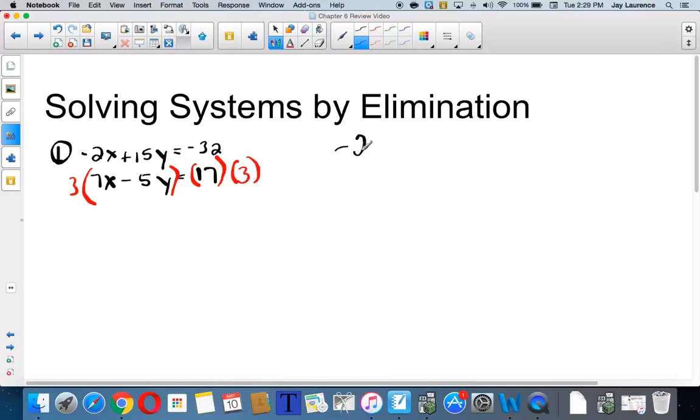So I'm going to have a negative 2x plus 15y, and that's going to equal negative 32. And then the equation that I manipulated, that I changed the way it looked, is going to be 21x minus 15y equals 51, I believe. Yeah.